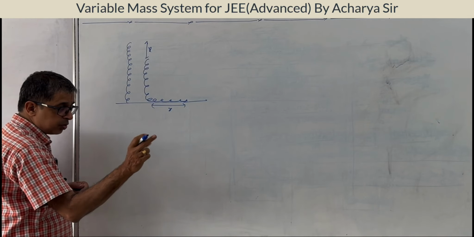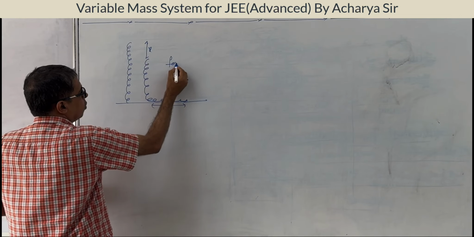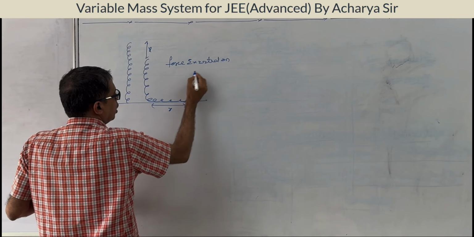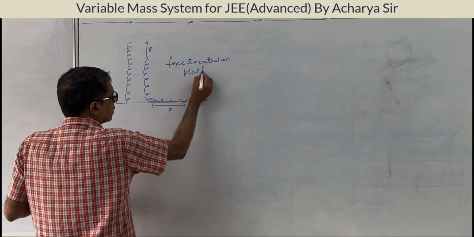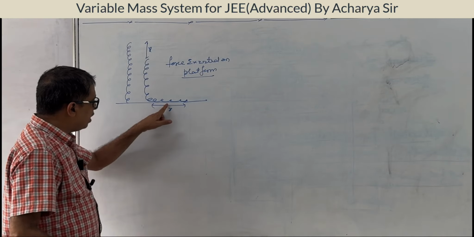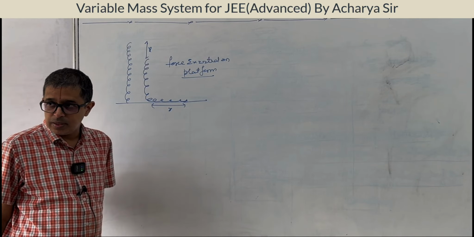By the way, what is the question? Force exerted on the platform. At first, students feel it is the weight of the chain on the platform which is the force exerted.